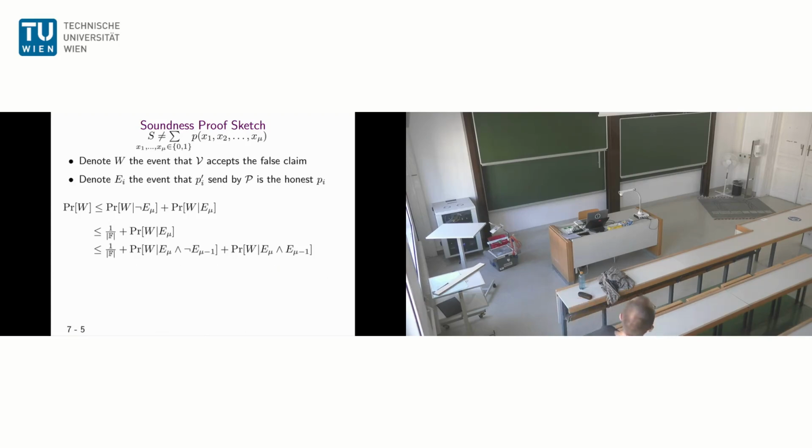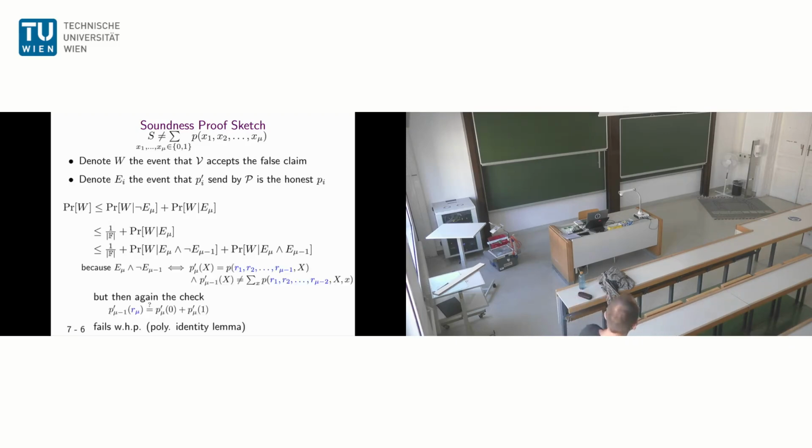So then let's do the same trick as above again. Let's expand this one here, and again apply the law of total probability, throw away the scaling terms, and now look at this: the probability that the verifier accepts, given that the last round is the correct polynomial and the second last polynomial is not the correct one, or the verifier accepts given that the last and the second last polynomials are the right polynomials.